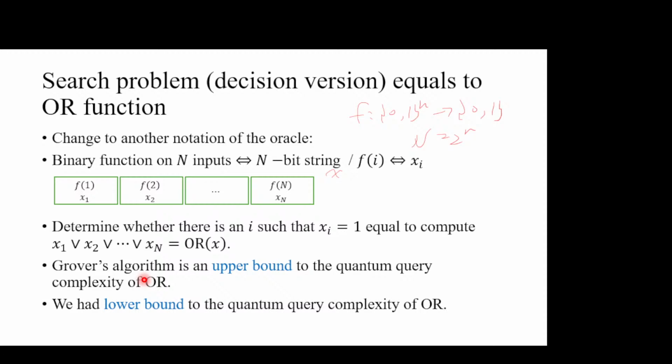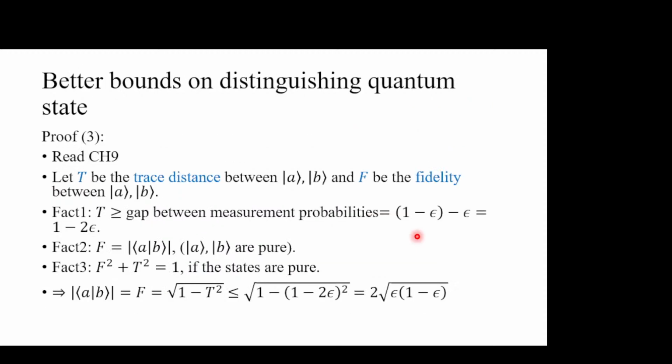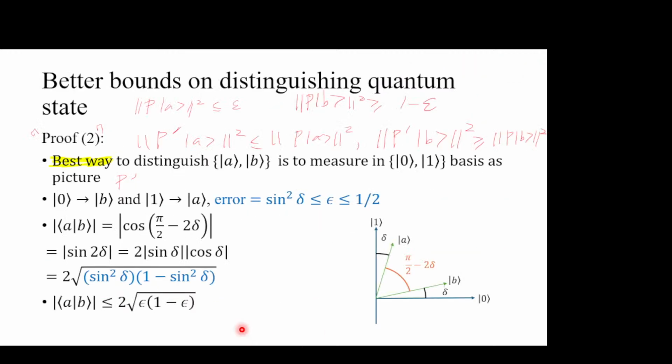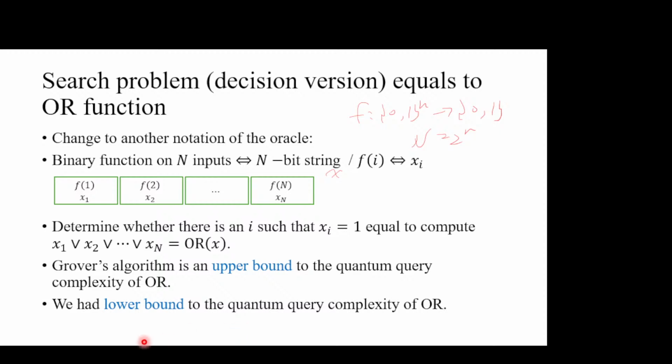And then the last thing we talked about before was the lower bound on the quantum query complexity of the OR function, because we showed that to compute this OR function, we need at least omega square root of N queries. Once again, the lower bound is not a lower bound on Grover's algorithm.